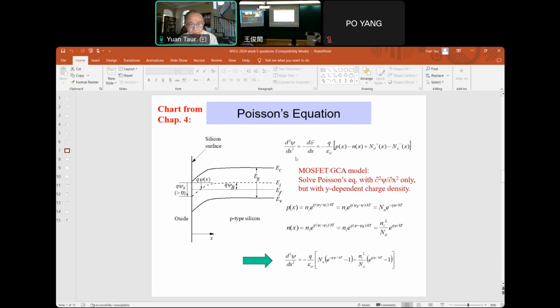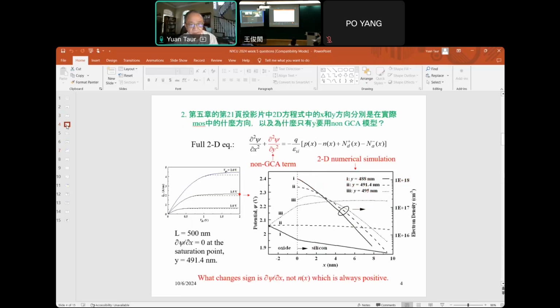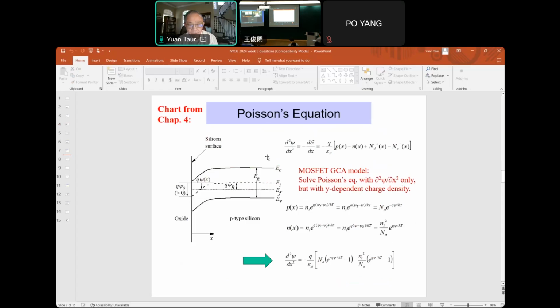So the same equation is used in the GCA model. We only solve the Poisson equation in the x direction, so we ignored the y curvature term. So for the GCA model, we dropped this term. And then we solve that.